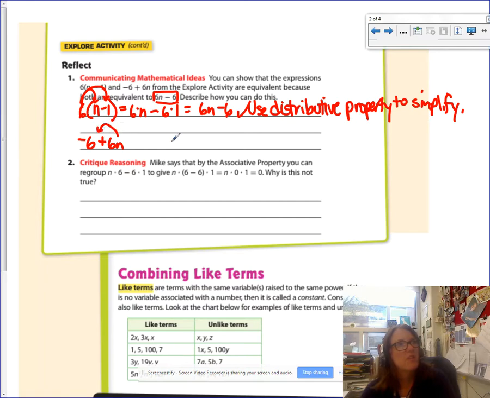If I flip-flop the order, the 6n would come first, and then the negative 6, okay? And 6n plus negative 6 is the same thing as saying 6n minus 6, and that is using the commutative property. I simply switch the order.